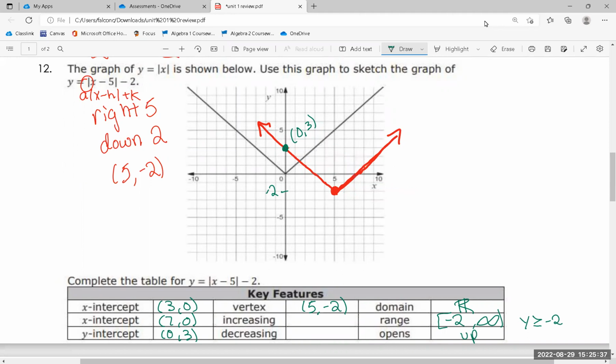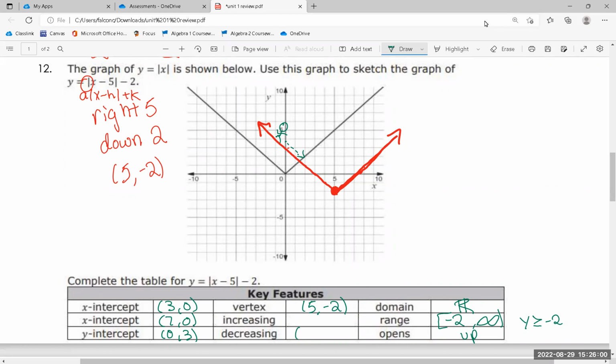All right. Increasing and decreasing. I told you guys, imagine a little person walking on your graph. He's going down, down, down, down, down. So he is decreasing. And remember, we always want to use the x values.